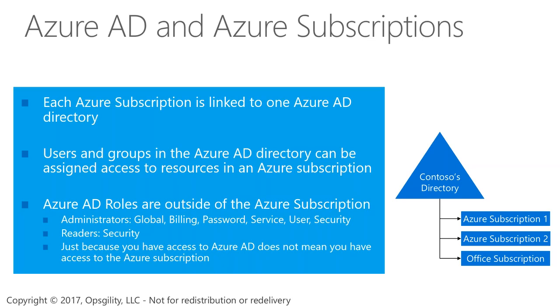Well, within that Contoso directory, there are security roles that define who can change and manage things within the tenant. And these include the global admin, which is going to have full control on the tenant. There's a billing admin, a password admin, and so forth. And I can also just grant rights to only read things in the tenant as well. Definitely important to know that if I have rights within the tenant, it does not necessarily imply that I have rights in an Azure subscription that's linked to that tenant.